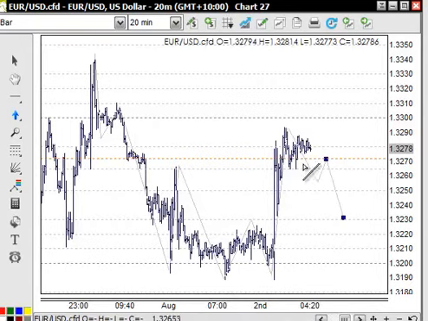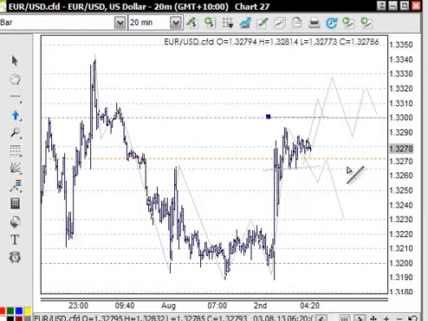If that's not the case and this stays as support here and it moves up through here, we still have to wait, because any move up through here would come back into group 1, would take a while to sort itself out, but it would give it a positive bias at that point there. And certainly if that was the case, then support on top of group 1 here would be the catalyst for the upside there.